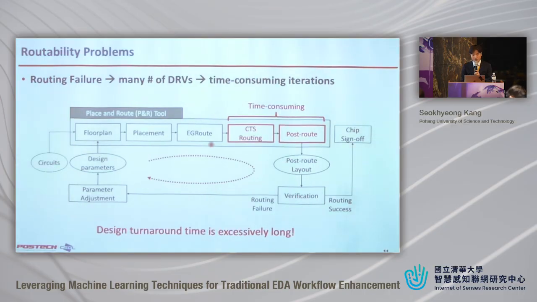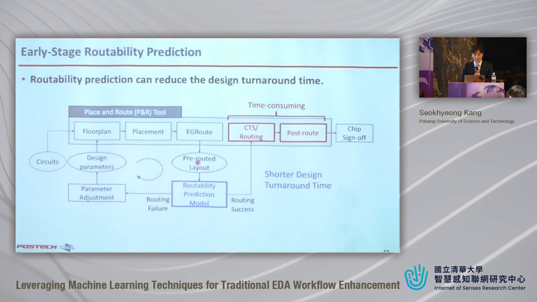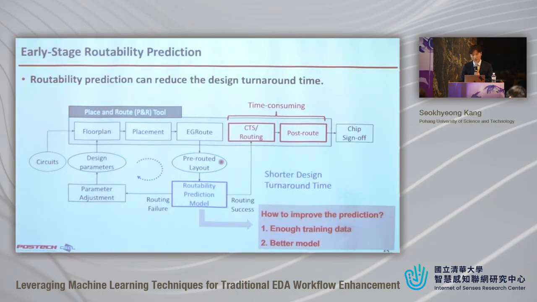So we want to minimize this iteration, or we want to make a short loop using ML. If we can predict the results after the placement, then we can make the loop much shorter than the previous case, and we can reduce the iterations and reduce the design time. But in this scenario, we need to think about several things.